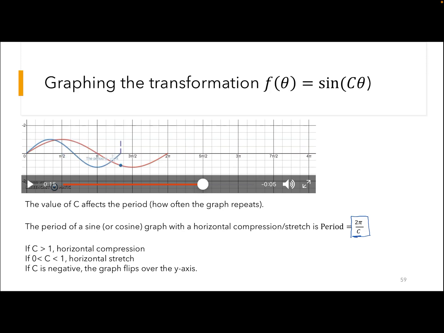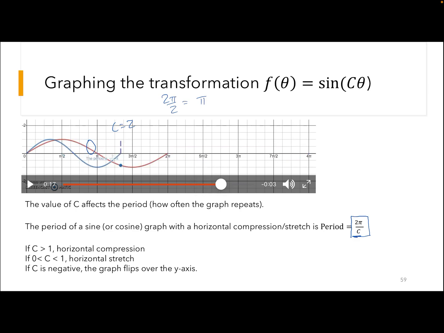Right here, if you can see this, it's C equals 2. And so the period is going to be 2 pi divided by 2, which means that we get pi. So every pi radians, the graph is going to repeat. So when C is a large value, the graph is going to shrink in. And when C is between 0 and 1, the graph is going to stretch out.